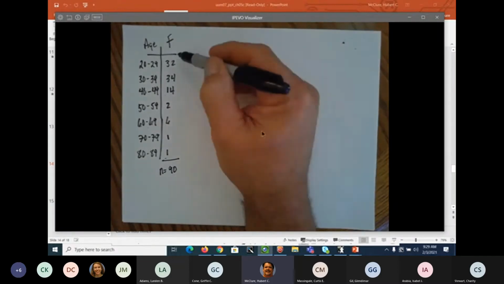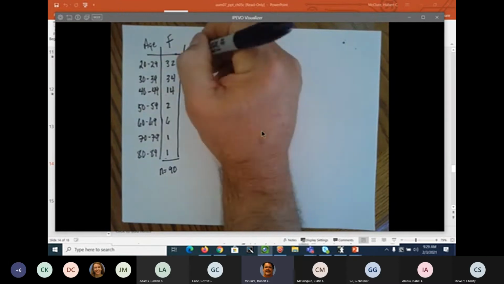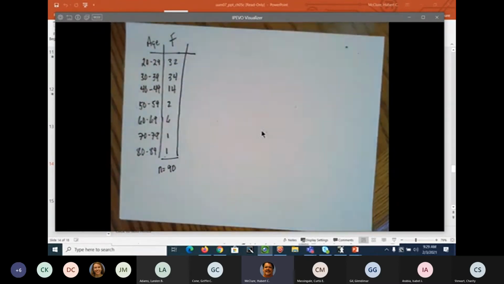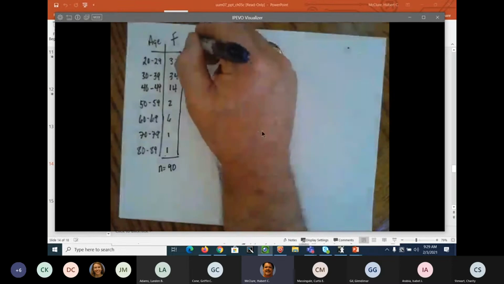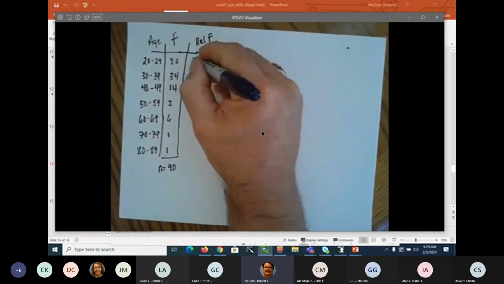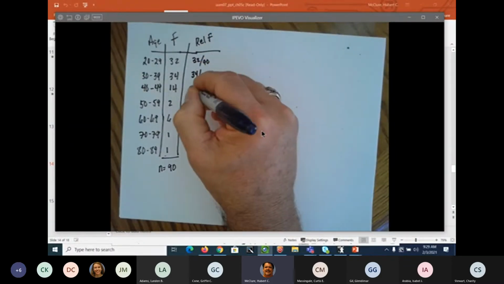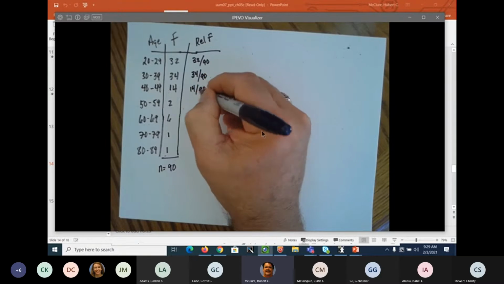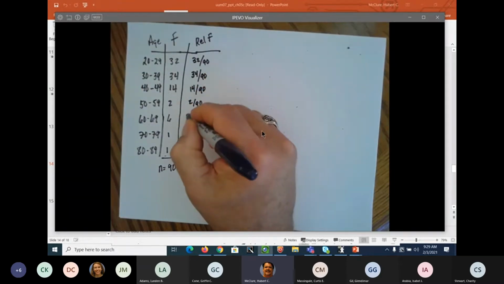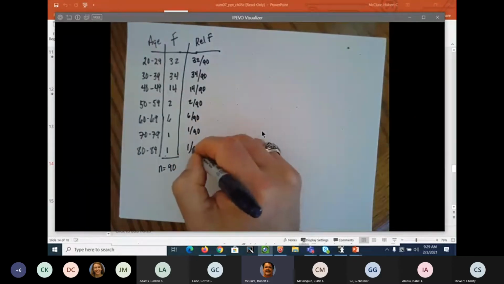I'm going to go ahead and do my relative frequency. Unless you're Rain Man, you do need a calculator to do these decimals, but you don't need one to do the fractions. So I'm going to do the fractions, and you can fill in the decimals however you want to. Relative frequency is 32 over 90, 34 over 90, 14 over 90, 2 over 90, 6 over 90, 1 over 90, and 1 over 90.